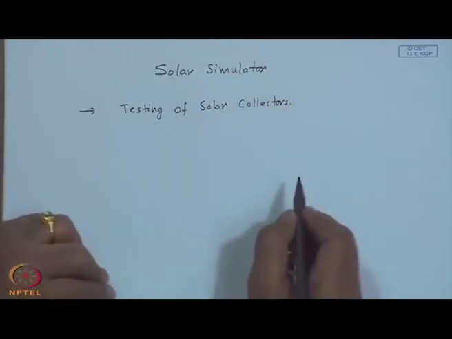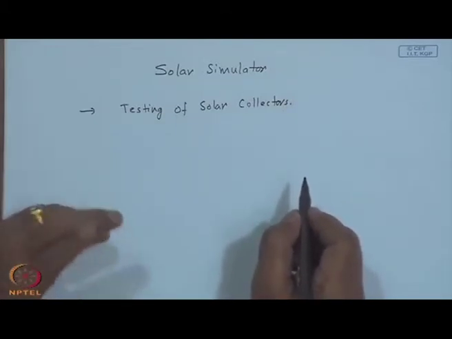Of course, one can go ahead and do the outdoor testing, but no matter how careful one can be, the conditions cannot be identical when the tests were conducted on different days. So, if you want to compare two designs, then outdoor testing, if the difference in the efficiency is 10%, 8%, one can take cognizance of, but then if it is 1 or 2%, the uncertainties owing to the different climate conditions may be larger than the difference in the efficiency that it is shown.